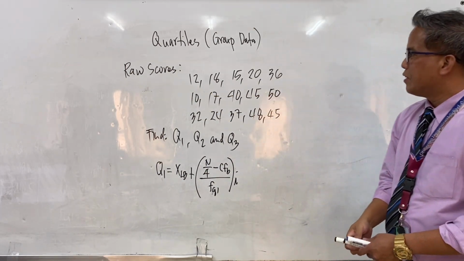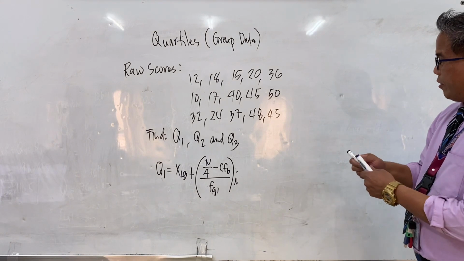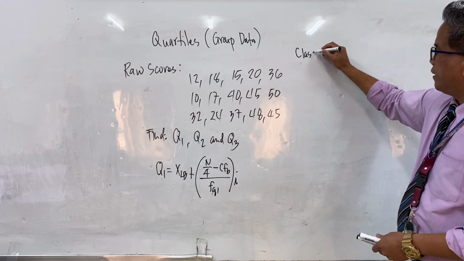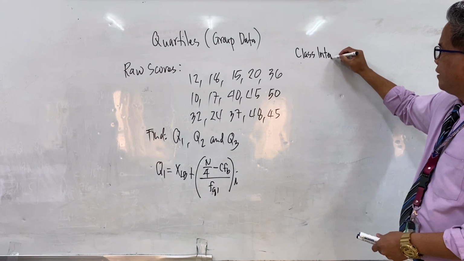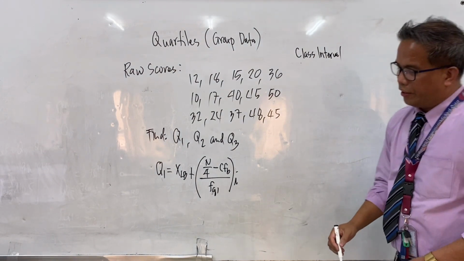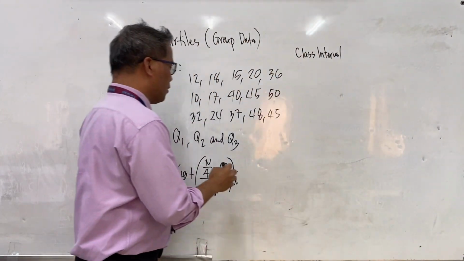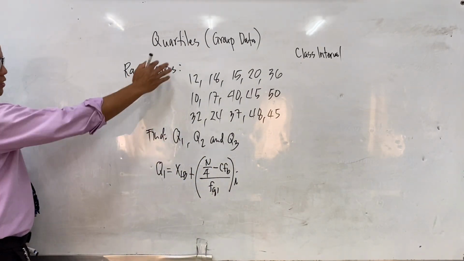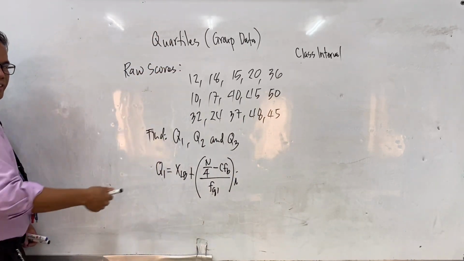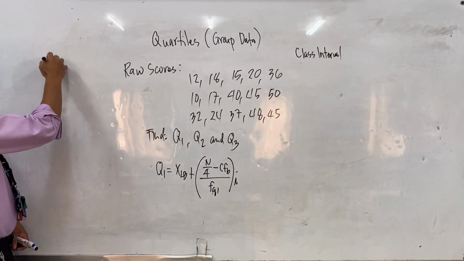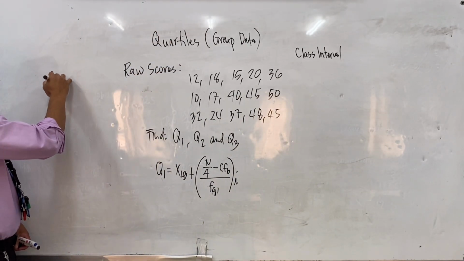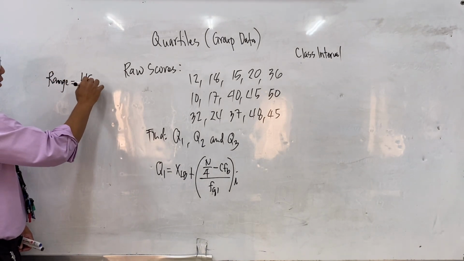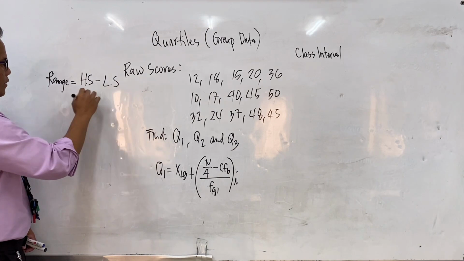But before you write the class interval, first we are going to solve for the range. So what will be the range of these scores? The range is equal to the highest score minus the lowest score.